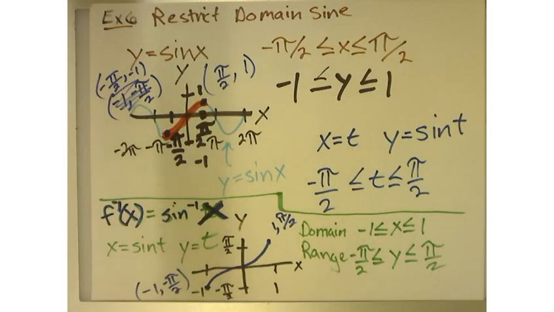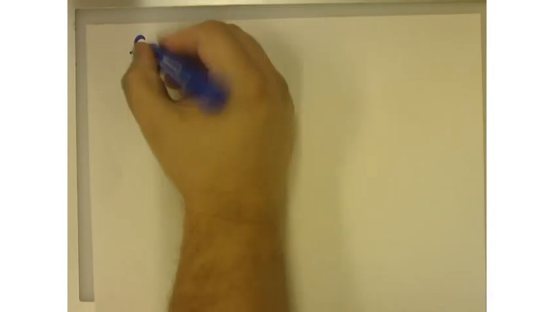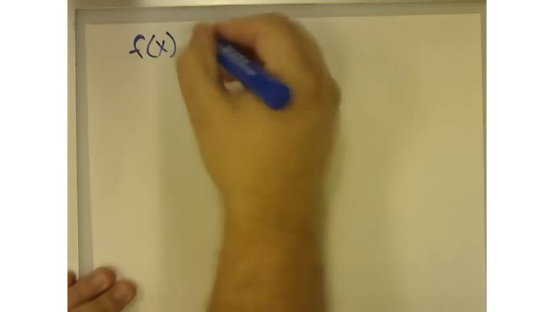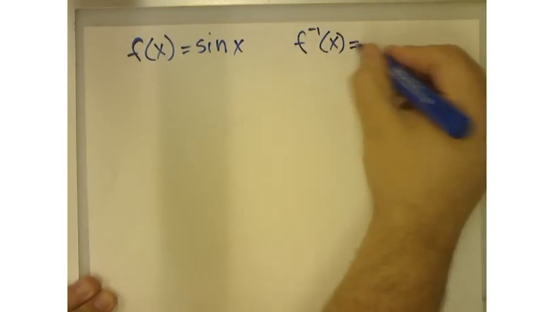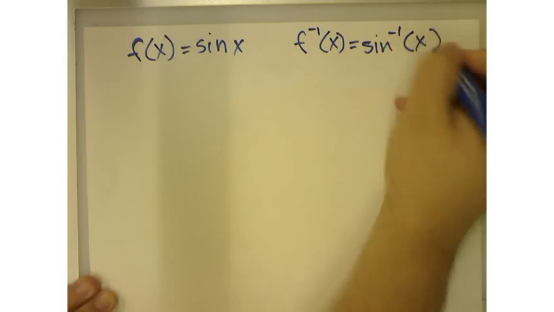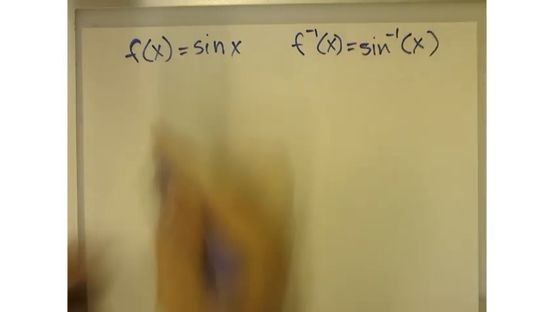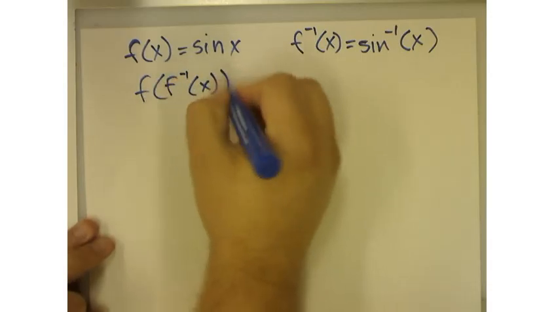Okay? So now what does that mean? Before we're done, what does that mean? Well, if I plug this in the calculator, or if I did this algebraically, which is not very easy to do, what I should get is, if they are inverses, in other words, if f of x is equal to sine of x, and the inverse is denoted like this, then f of f inverse should equal x.